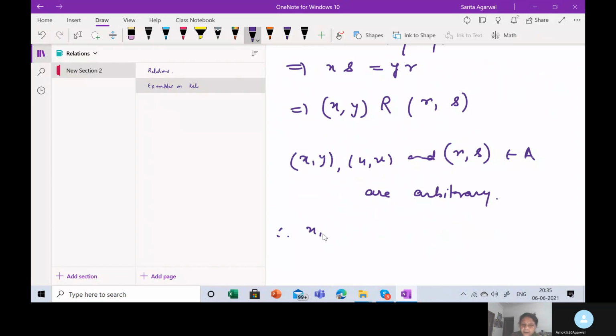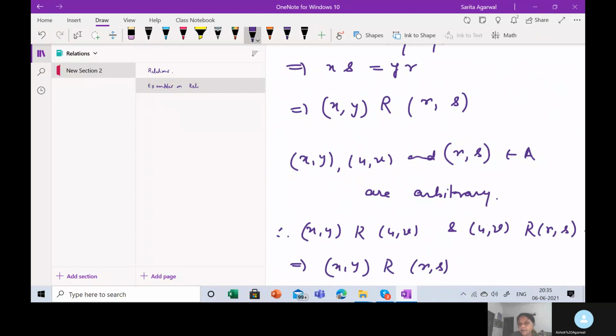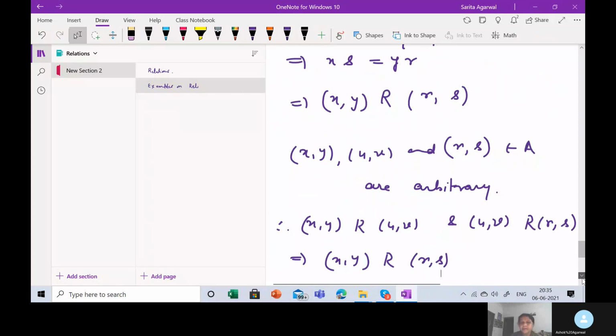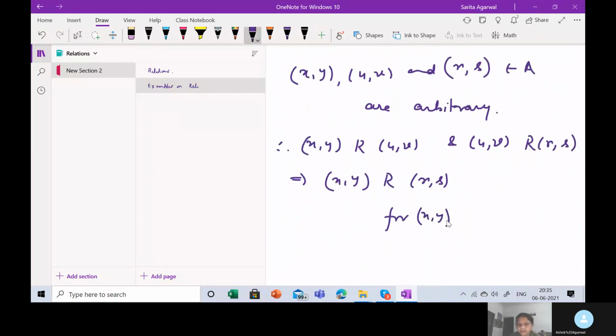Therefore, (x, y) related to (u, v) and (u, v) related to (r, s) implies that (x, y) related to (r, s) for all (x, y), (u, v) and (r, s) belonging to A. And this gives us that R is transitive.